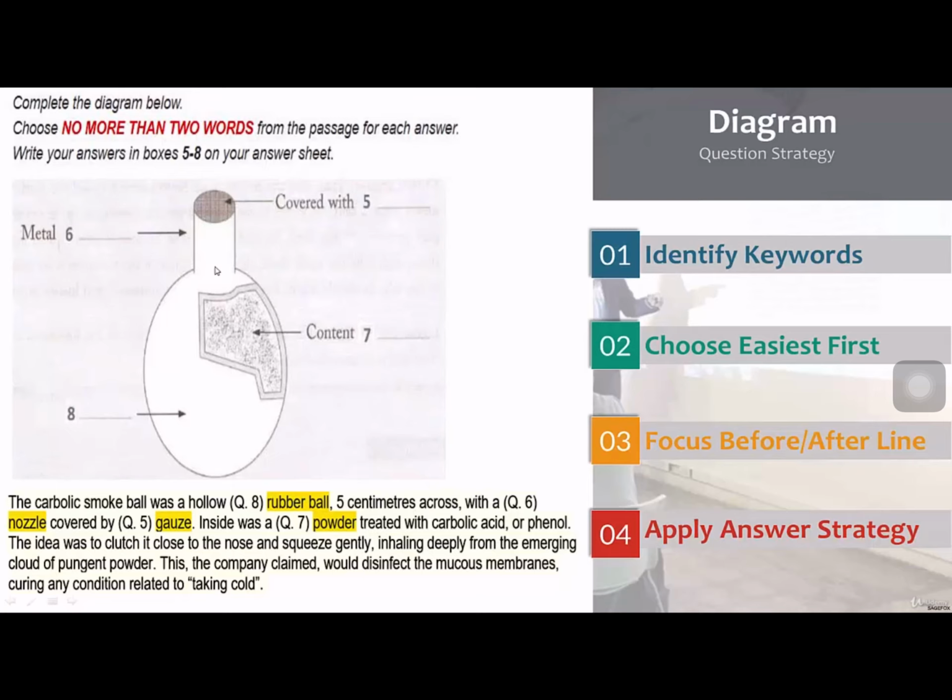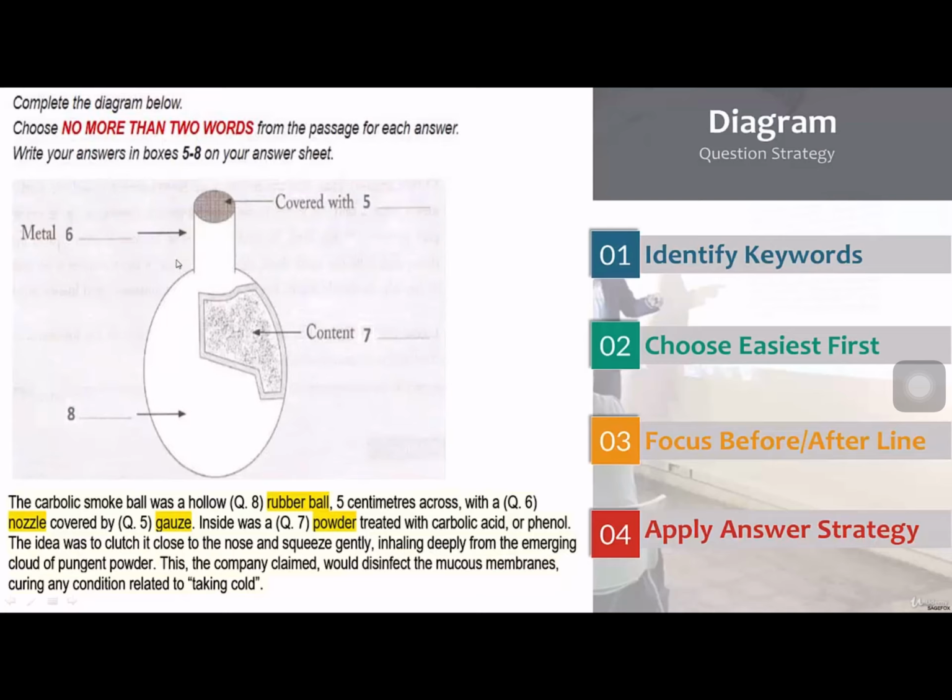So you're supposed to know that this part of this shape in English is called a nozzle. It's called a nozzle. And then it says covered by gauze. You're supposed to know that this is gauze.